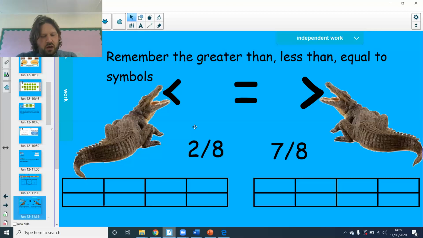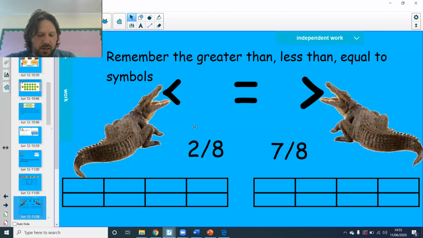So what I've done is I've got my 2 bar diagrams like this, and I'm going to make this first one 2/8 and the second one 7/8. I'm going to do that by colouring in. Again, I'm doing it very, very quickly with a pencil.